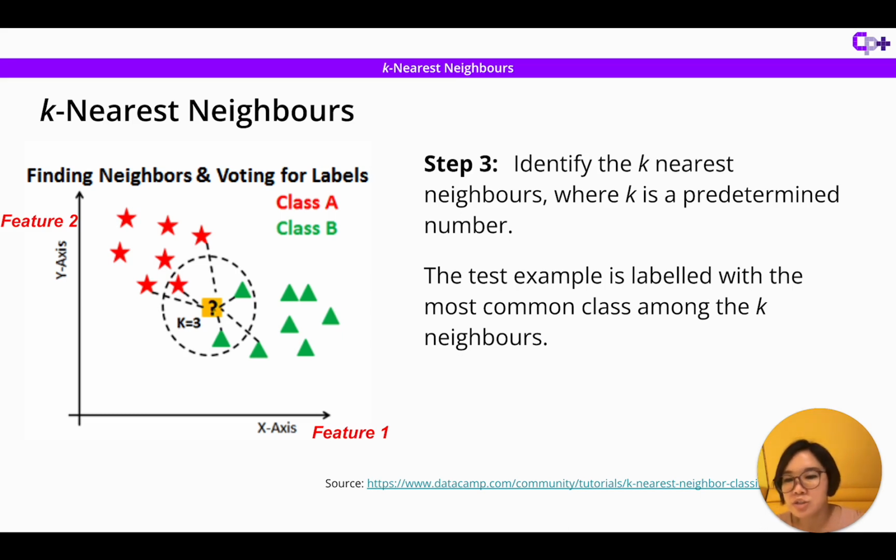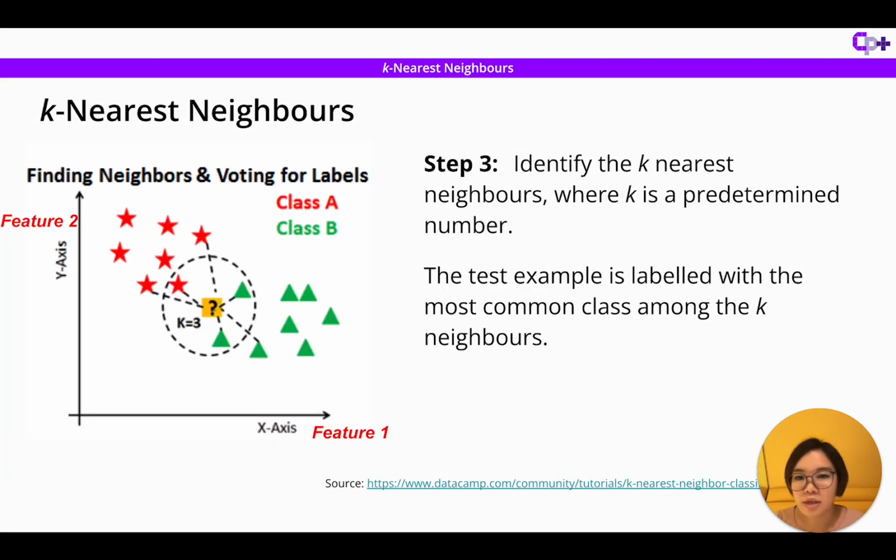So if I were to change k into the number 5, for example, the class of this question mark may change. Or if I want to change it to 1, for example, I can also use 1, and then the class may change. So what k you choose also makes a difference of how reliable your classifier is going to be.